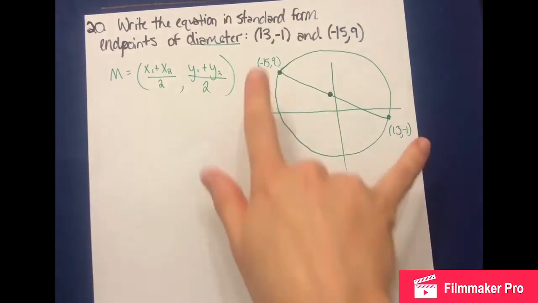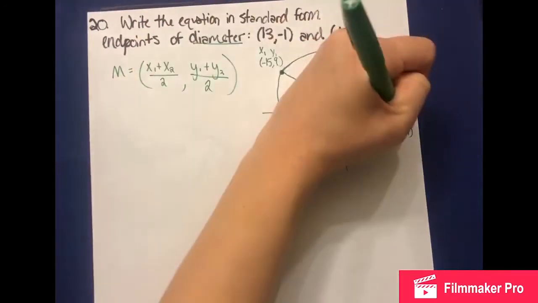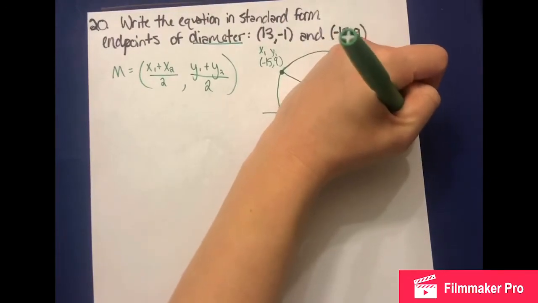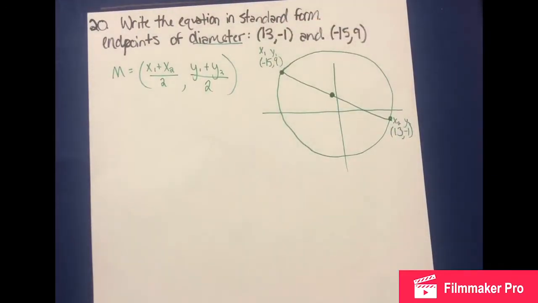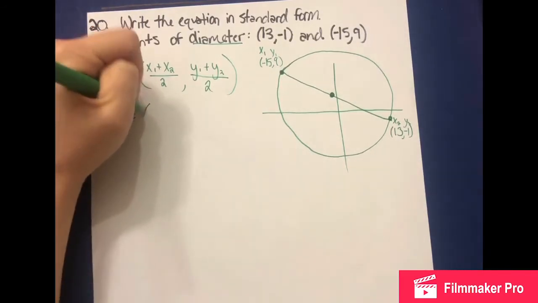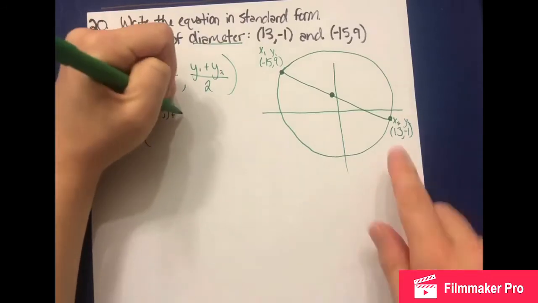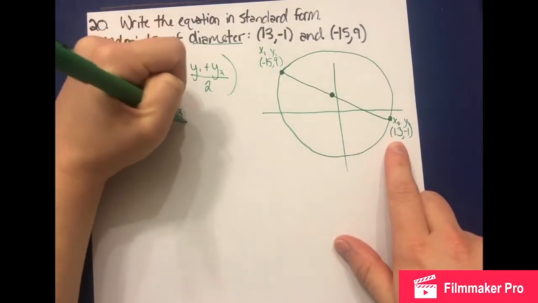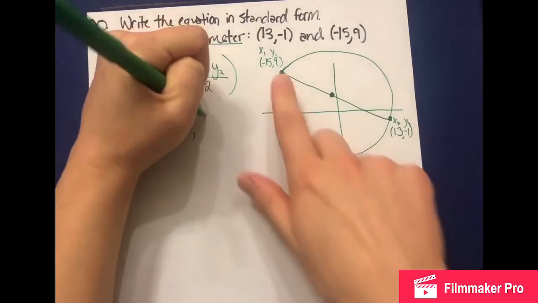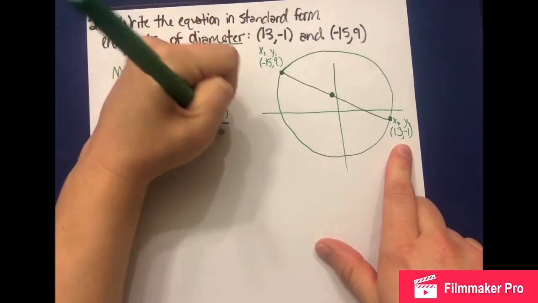I'm going to label x1, y1, x2, y2, and fill in. So midpoint equals x1 is -15 plus 13 over 2, comma, 9 plus -1 over 2.